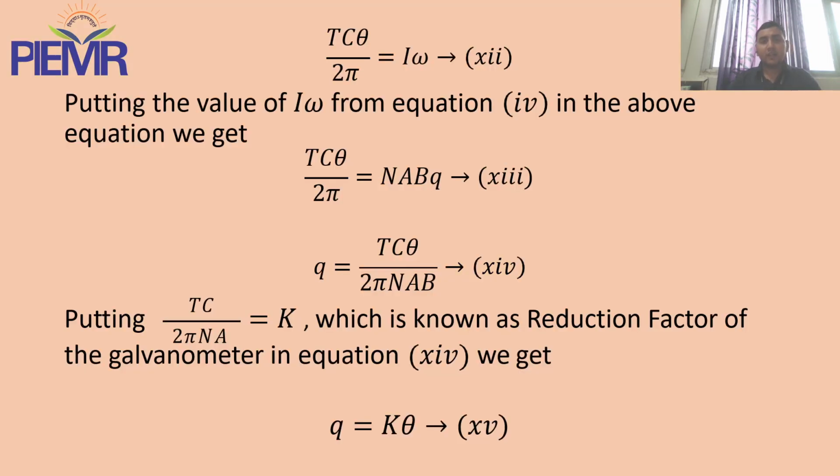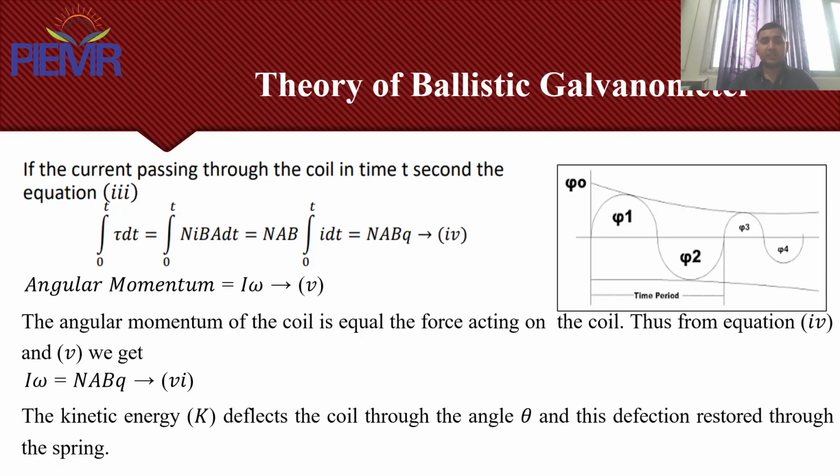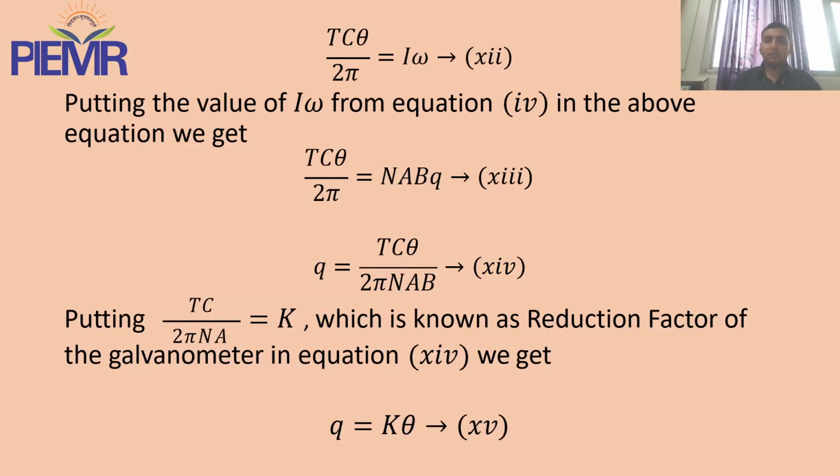And finally, by putting in omega from the fourth equation, I omega equal to NABQ, we get the equation where Q, the charge passing through the electromagnetic coil, is given by TC theta upon 2 pi NAB, where we assume K as a constant quantity.